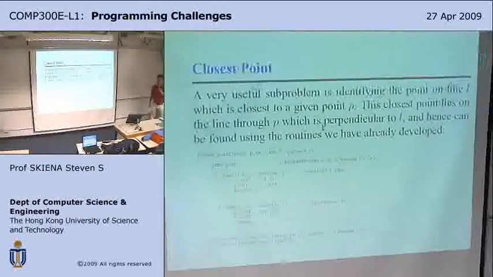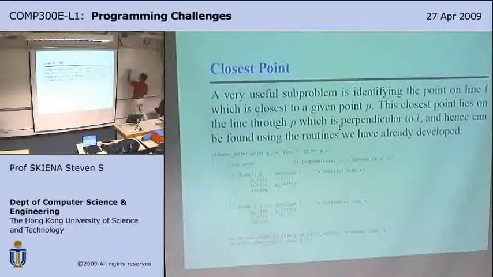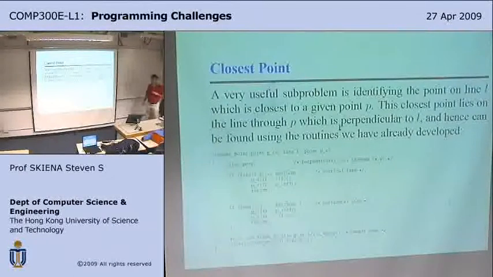Anyone remember the geometry? How do we find the closest point to the point B on that line? First, just find the slope of the line and then find a perpendicular line connecting to it and then find the intersection point.